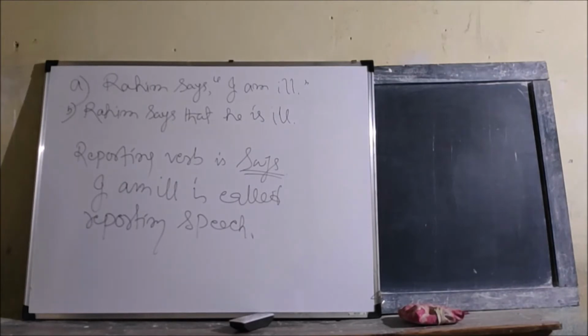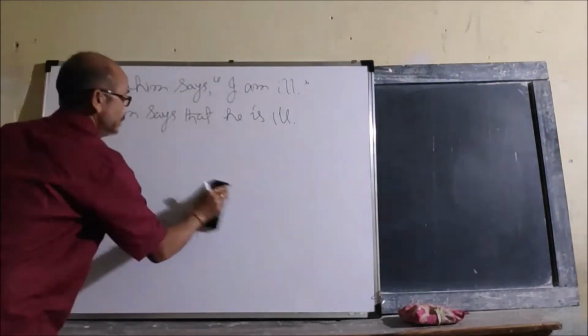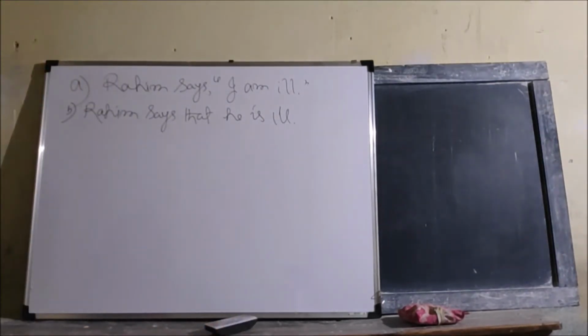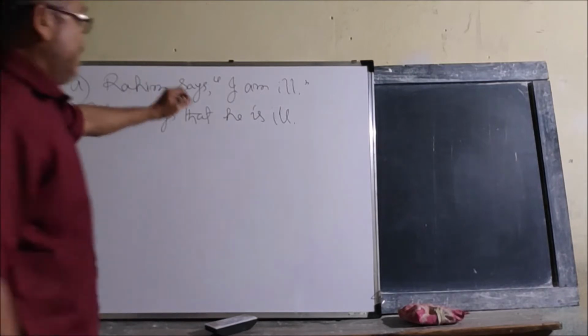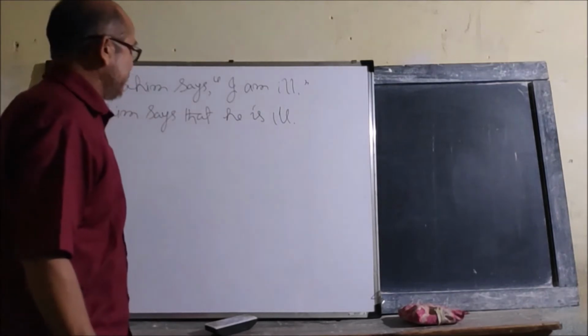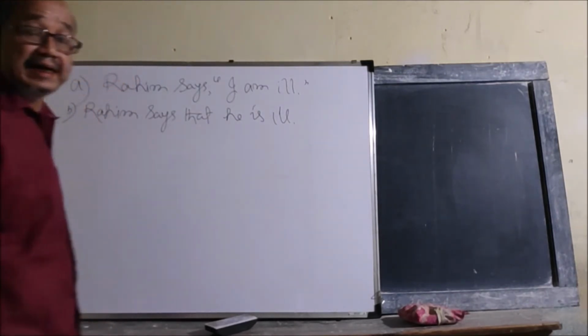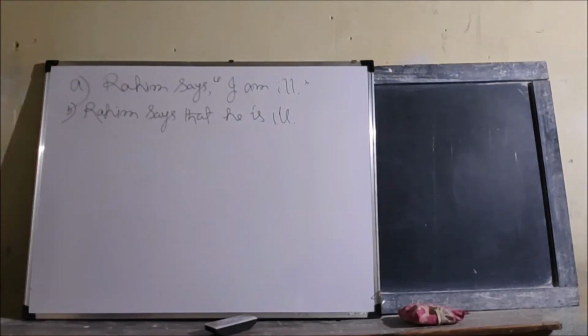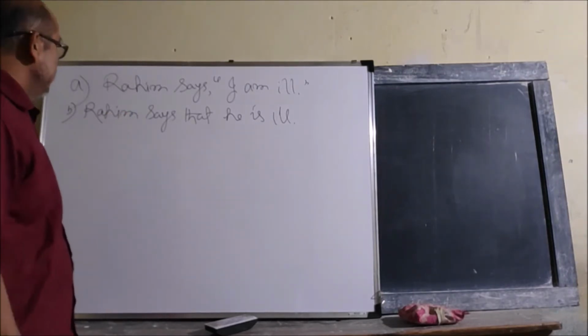But in sentence B, Rohim's statement, "I am ill," is now expressed or reported in the reporter's language indirectly, so this is called the indirect speech.